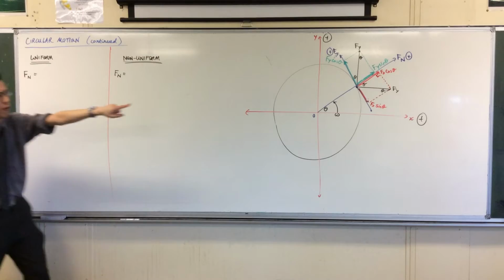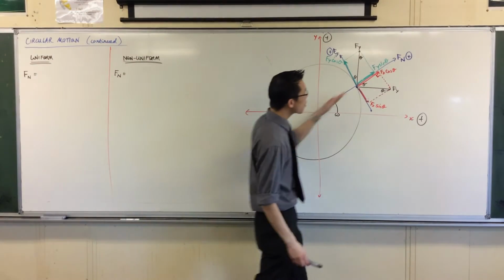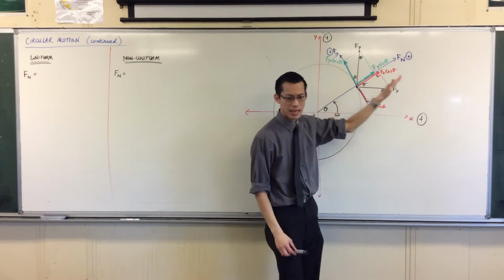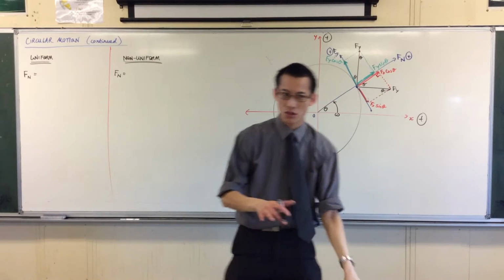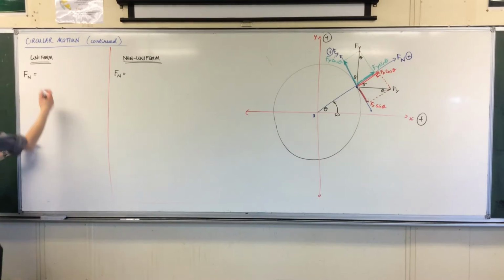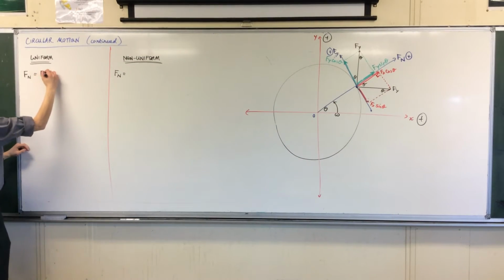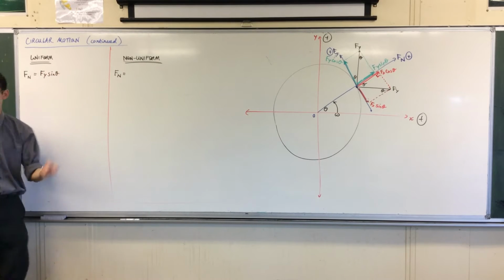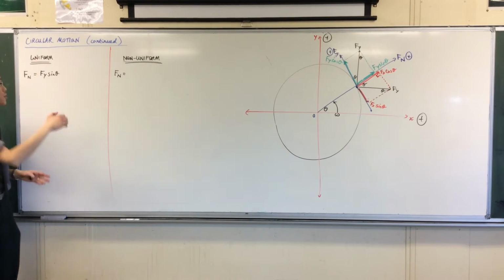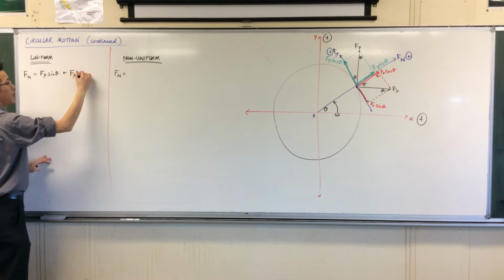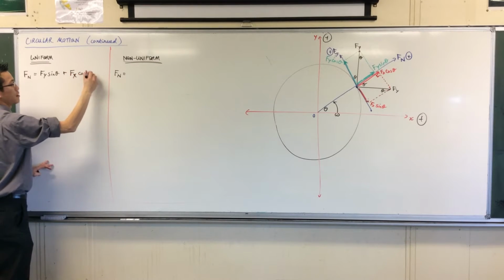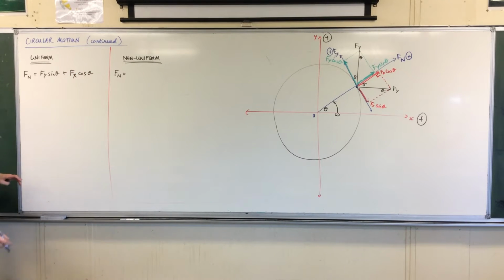Let's think about the normal first, because they're both kind of headed in the same direction. Does that make sense? Now, when you're doing the normal, all you have to do is add up, okay? Well, I've got Fy sine theta, and it's positive because it's going away from the origin. And then you've got Fx cos theta, right? So that's all good.